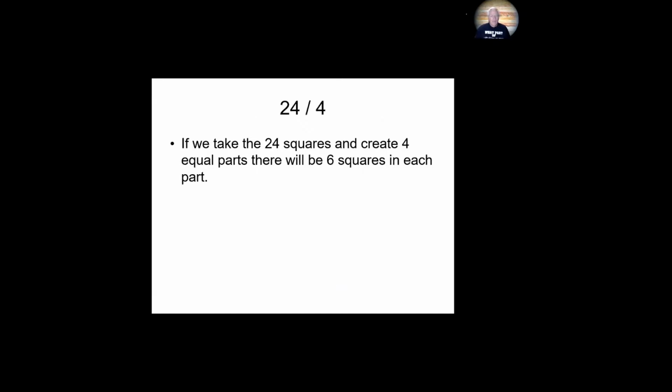Now, if we take the 24 squares and create 4 equal parts, that will mean there's going to be 6 squares in each part. Now, this is another way of representing division. Again, this symbol may not be the formal division symbol you might have expected to see, but it's a perfectly appropriate way of recording that action.